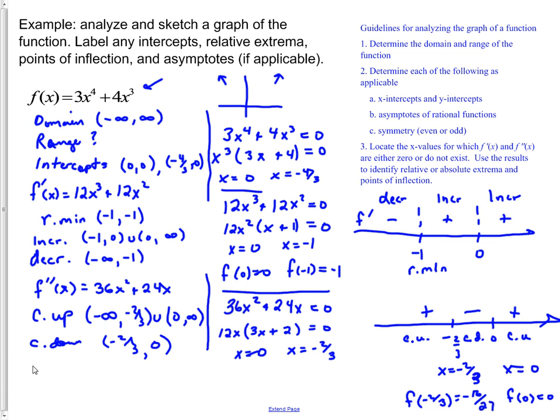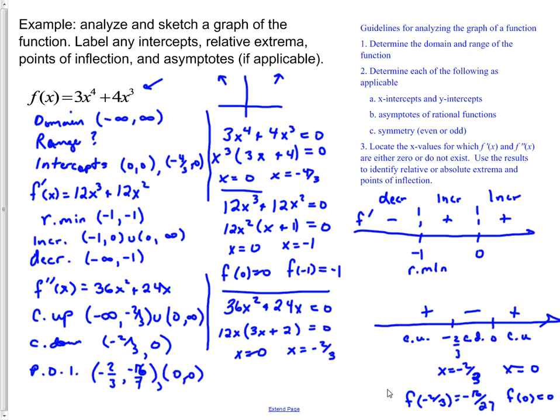And then, of course, our points of inflection occur at negative 2/3, negative 16/27, and at 0, 0.